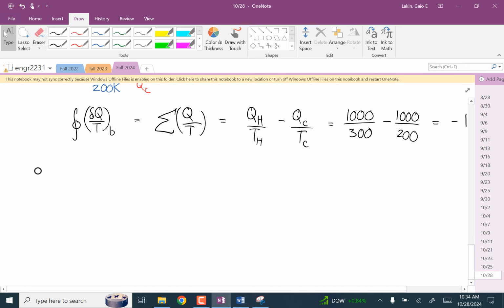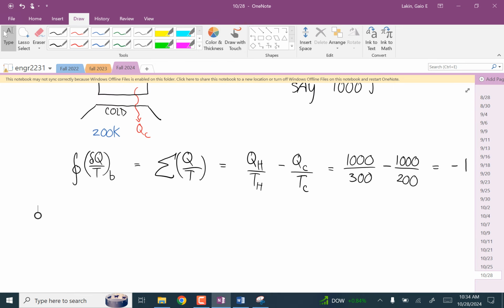Okay, so from this, and I bring this up first because when I give you the definition of entropy, your first thought would be, where did this random thing come from? This is where it comes from, the Clausius inequality.